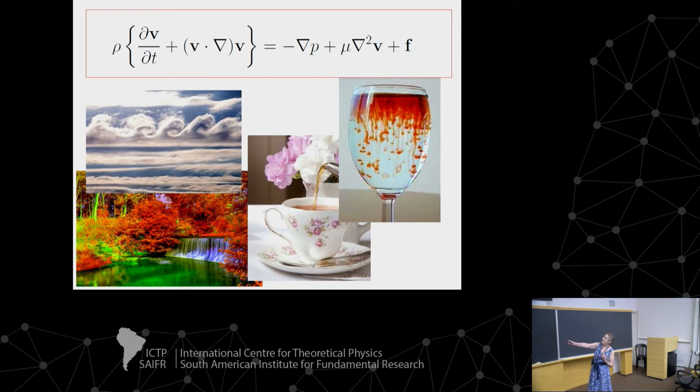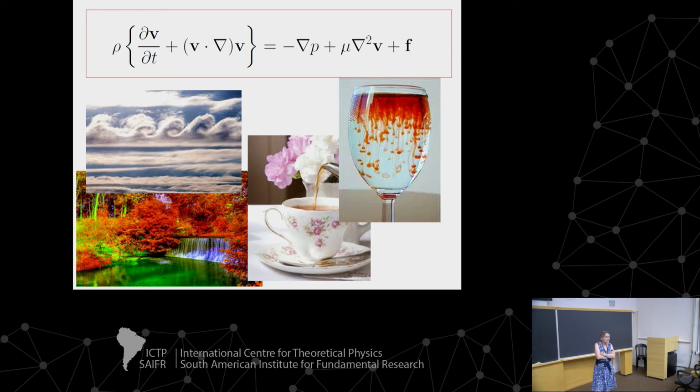So this is density, v is the velocity, the time derivative, v dot grad v, minus the gradient of the pressure. Pressure gradients are going to give me a force which will make this fluid move. This is viscosity. Viscosity is essentially, if you try to push a fluid, eventually it will stop moving because gradients will damp out any forces you put on.